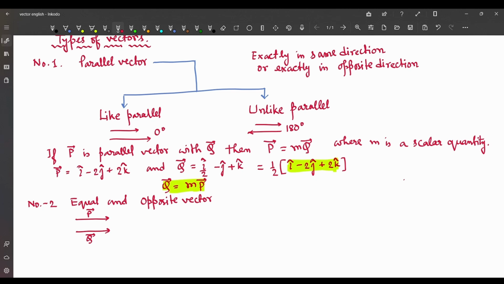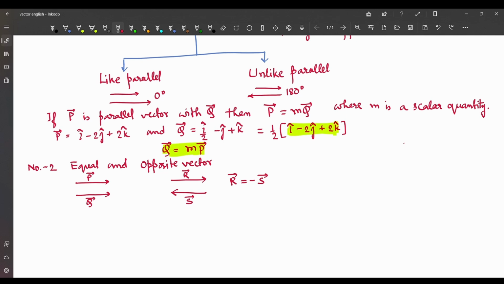Similarly, if two vectors have the same magnitude but opposite direction, that means two unlike vectors of the same magnitude, then we can treat them as opposite vectors. Here R vector and S vector both have the same magnitude but are oppositely directed. Here we can say that R vector is equal to minus of S vector.